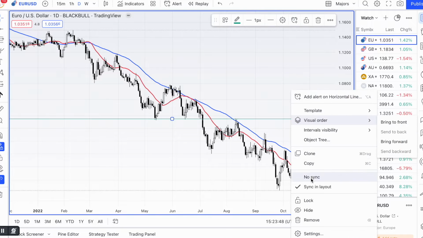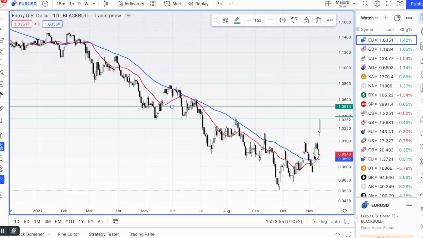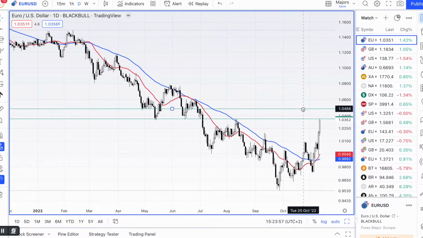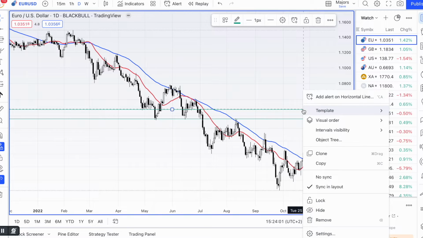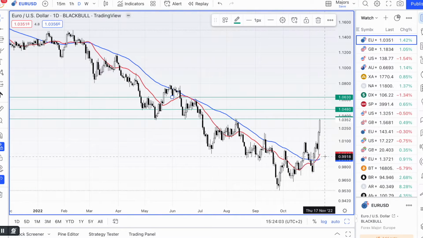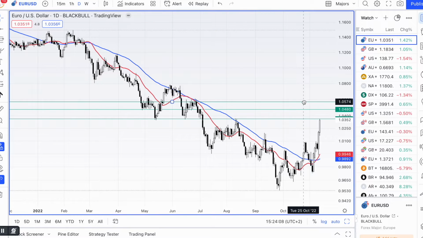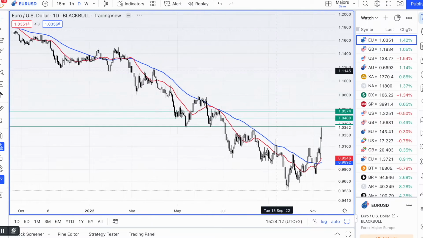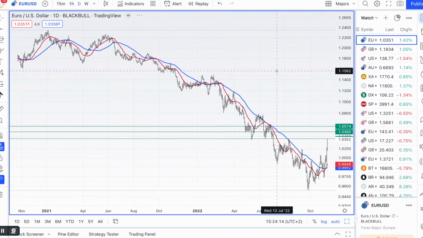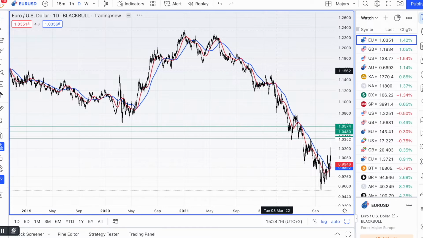And those are the targets from where we might like to try shorting the euro against the dollar. So 1.0480, that's just down here, thereabouts. And then let's clone that again, and 1.0580 is the next one, thereabouts there. Now, let's have a look at where that compares to any previous support and resistance lines we've seen on the euro.